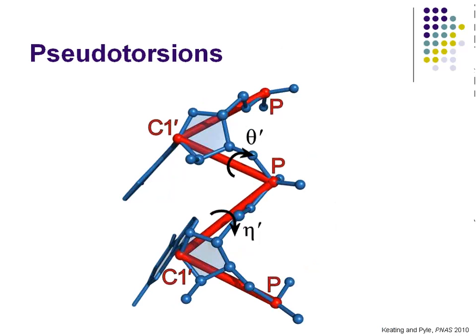One of the other means of analyzing the RNA backbone that this plugin uses is the RNA pseudotorsions. These are things that we've been using in the Pyle lab for probably almost 15 years now. The idea behind the pseudotorsions is you simplify the RNA backbone down, by looking at just phosphate and C1' atoms. Using these atoms, you can define virtual bonds, which I'm showing here in red. And you can get 2 pseudotorsions, eta and theta.